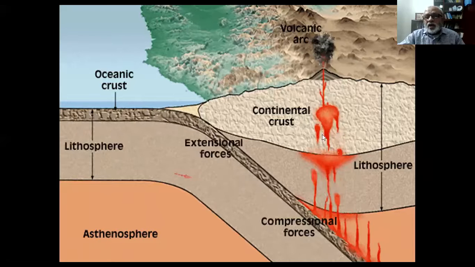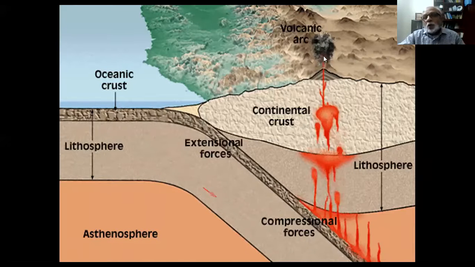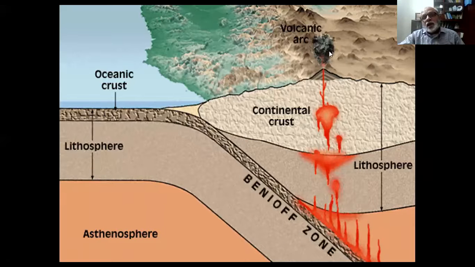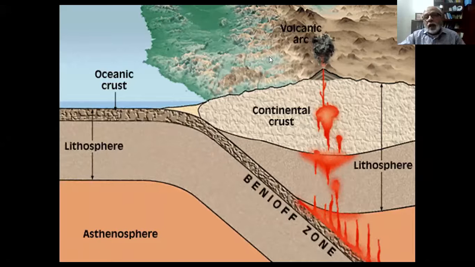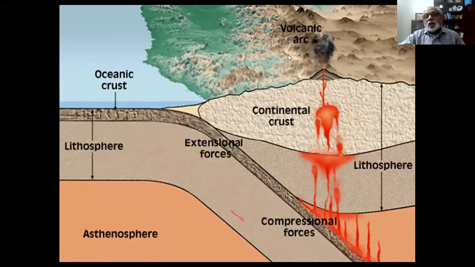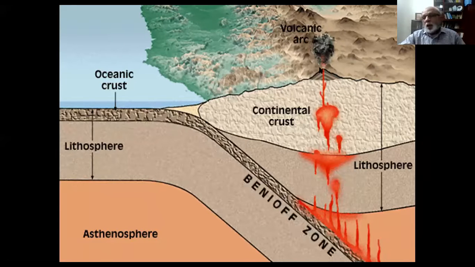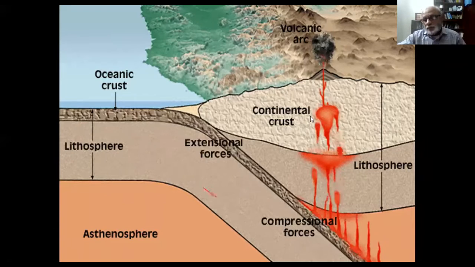That molten material can come through the continent and emerge as a volcano, so volcanic materials can be found on the surface, which can give rise to a volcanic chain or volcanic mountains.